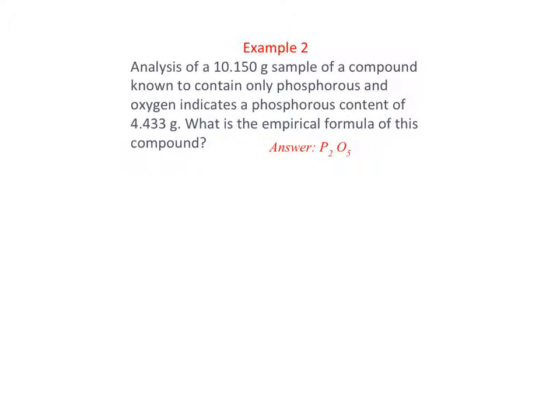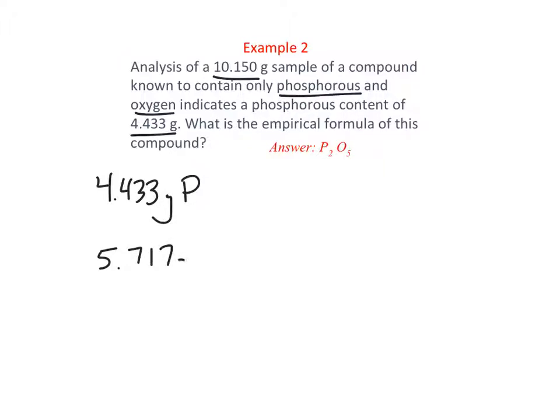It says analysis of a 10.150 gram sample of a compound known to contain only phosphorus and oxygen indicates a phosphorus content of 4.433 grams. If I take 10.150 minus 4.433, that tells me how many grams of oxygen I have: 5.717 grams of oxygen.